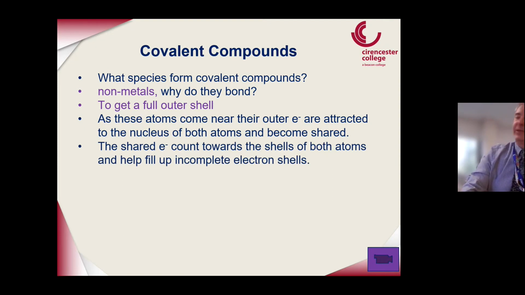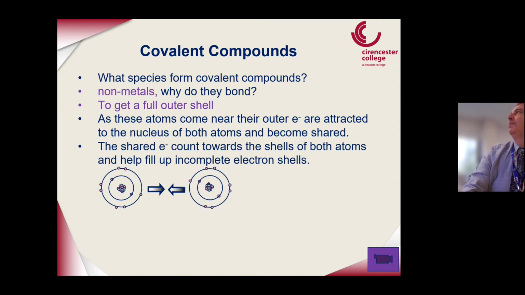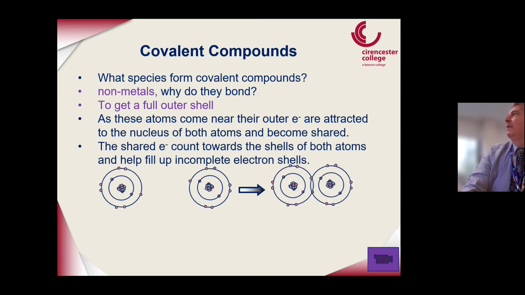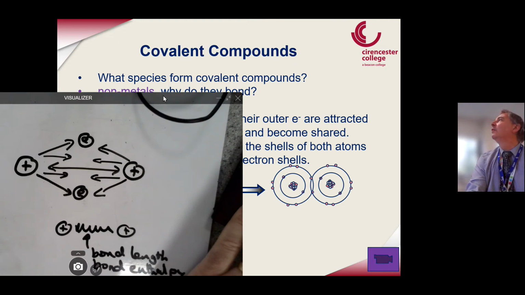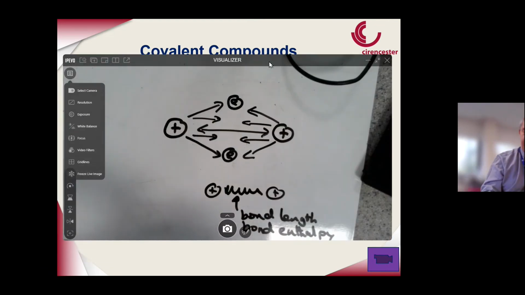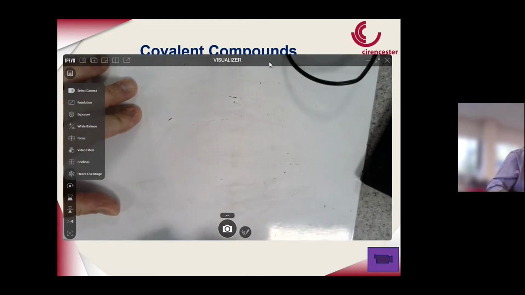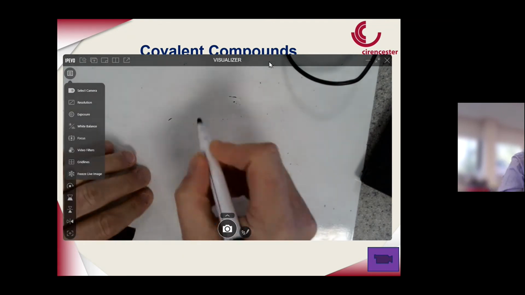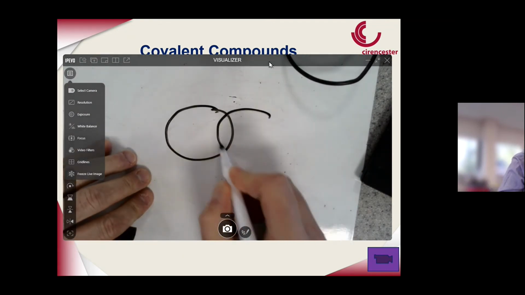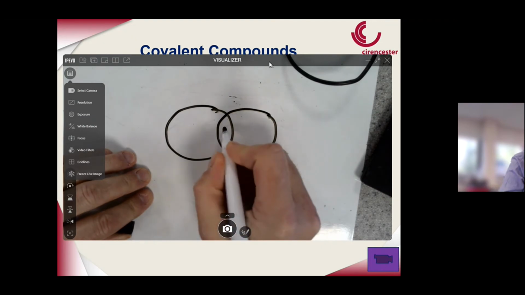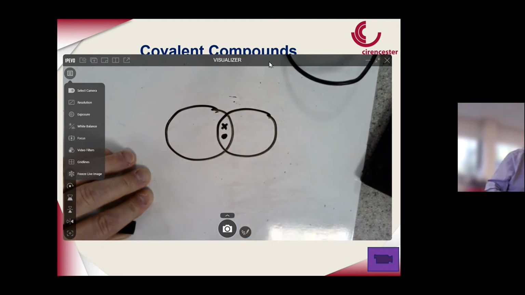They're sharing the electrons there, and the electrons then count towards both shells of both atoms that are being shared. So we have the example here, and we can draw it like that. I would suggest, though, that a better way of drawing the bond sharing is to draw the sharing by overlapping, and then put the electrons inside the overlap like that.